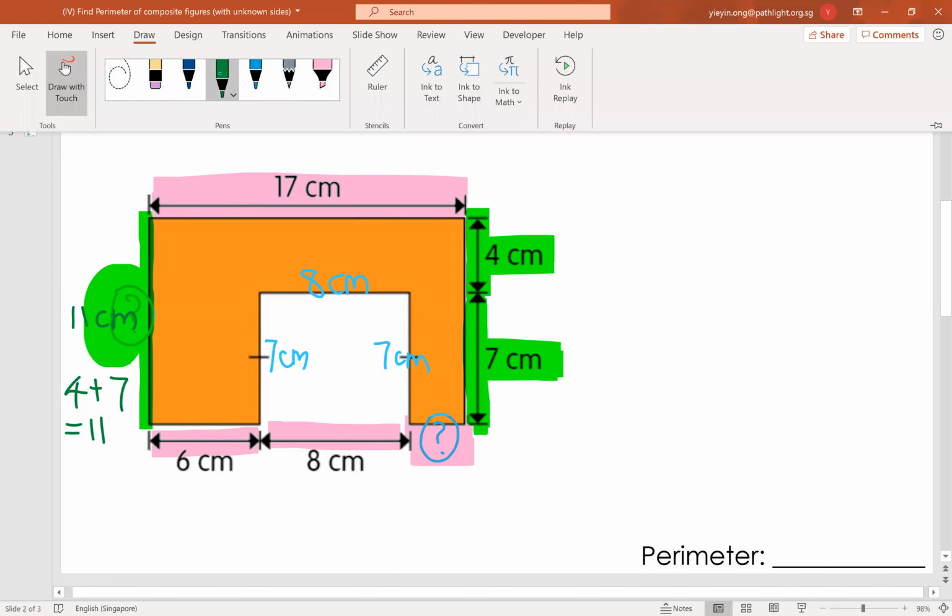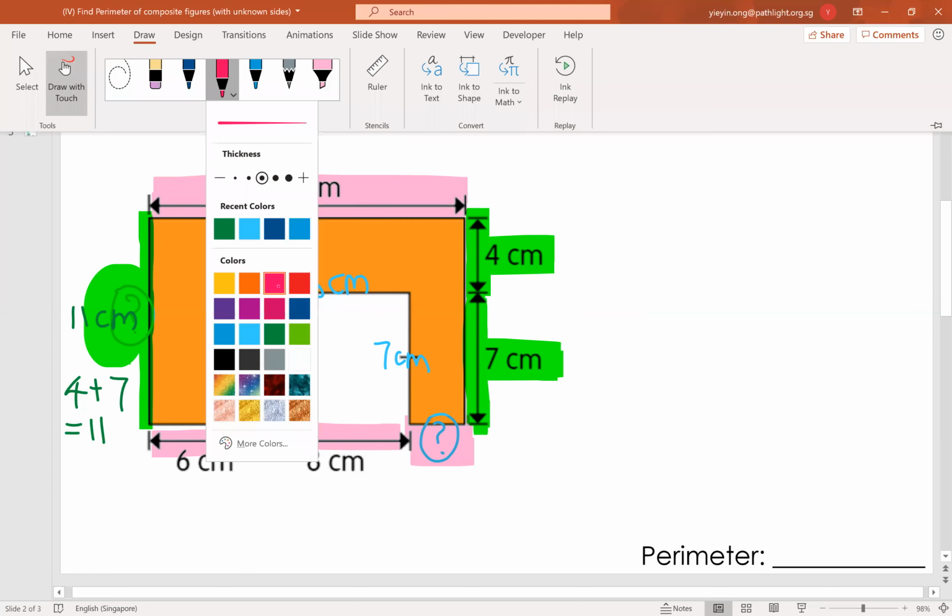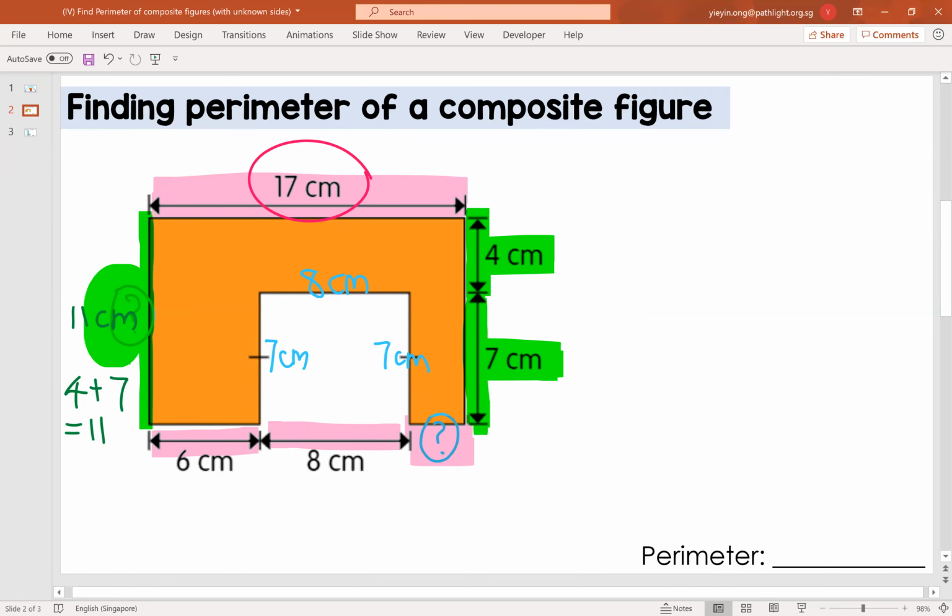So if I draw my number bond, 17 comprises of 6, 8, and question mark. So to find the question mark, I need to take 17 minus 6 and minus 8. 17 minus 6 is 11. 11 minus 8 would give me 3. So this question mark is actually 3 centimeter.